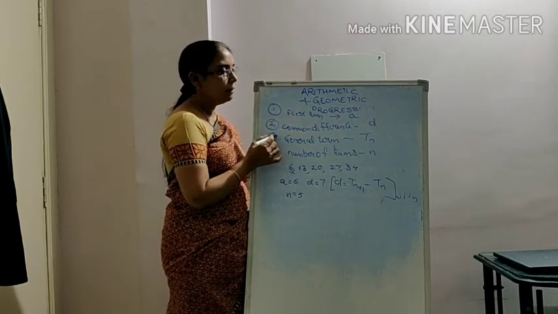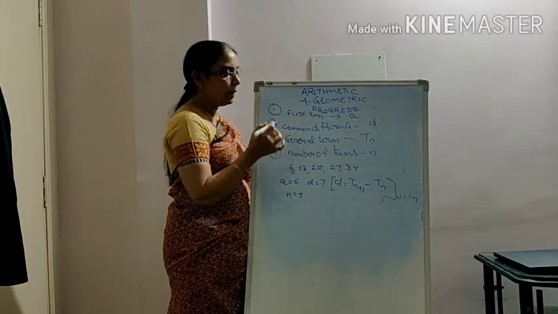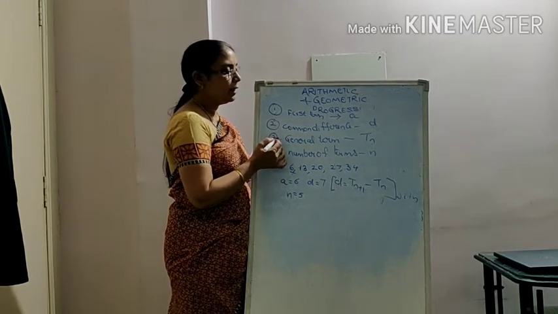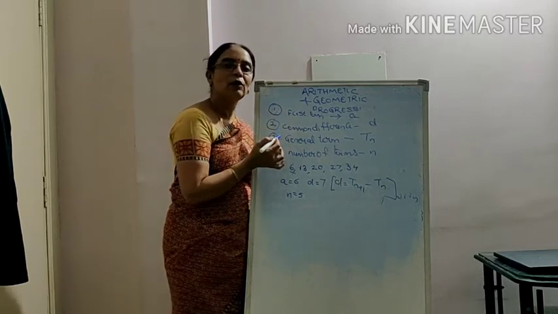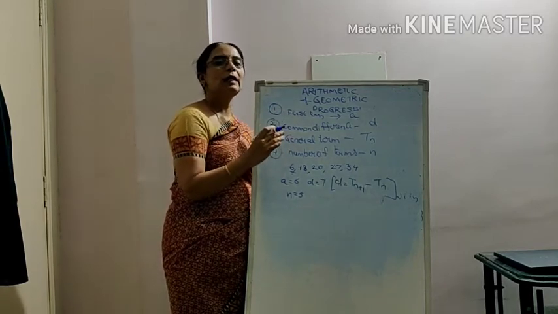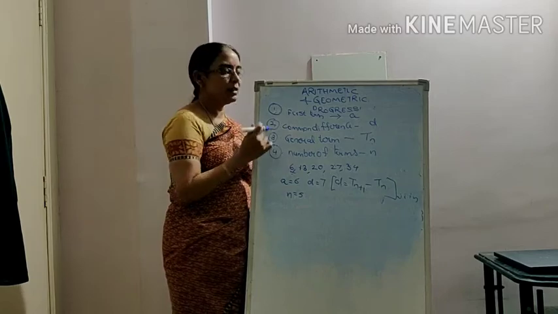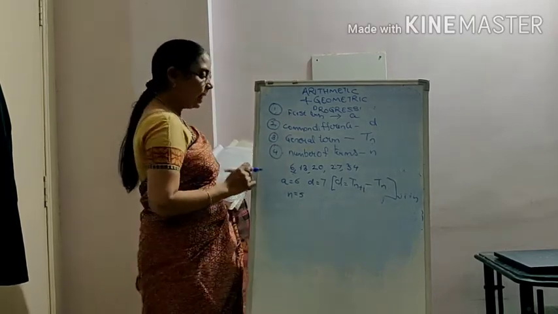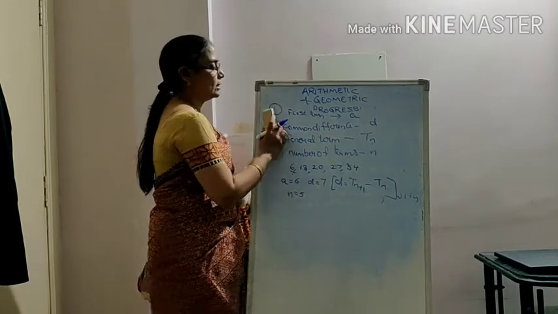If you know the general term, first term and common difference, you can find the number of terms. If you know the number of terms, general term and common difference, you can find the first term. Any three things you know, you can find the fourth. Now let us see a few examples on this.